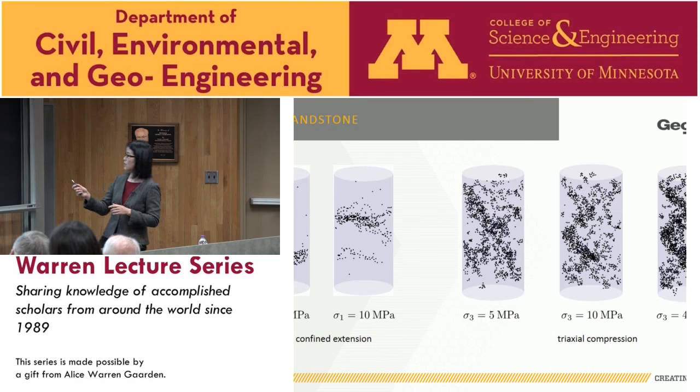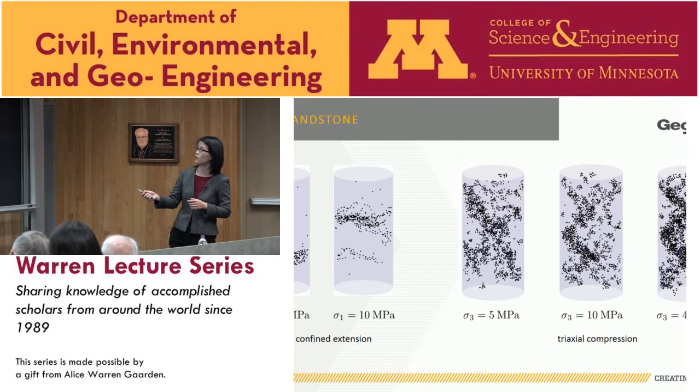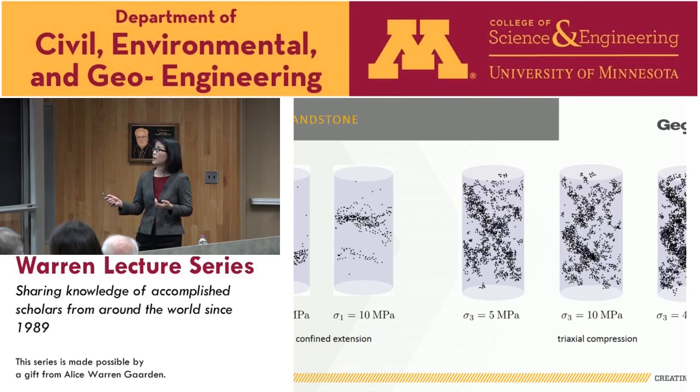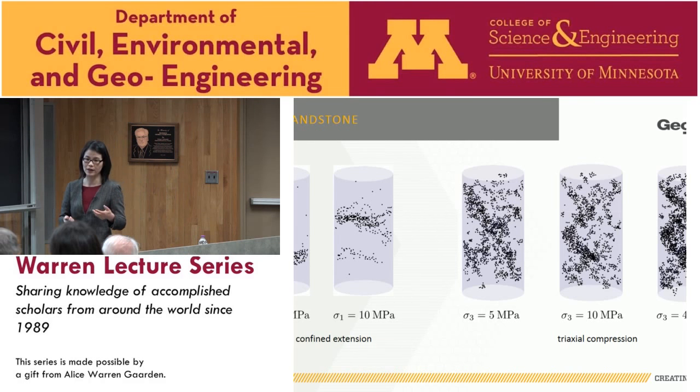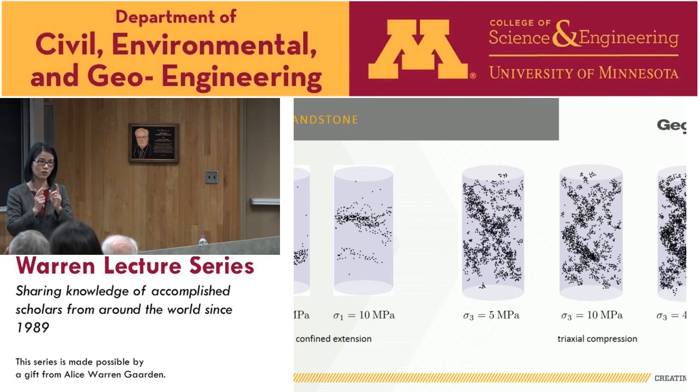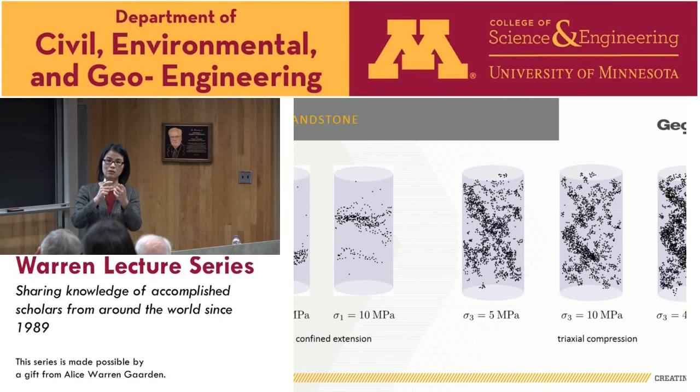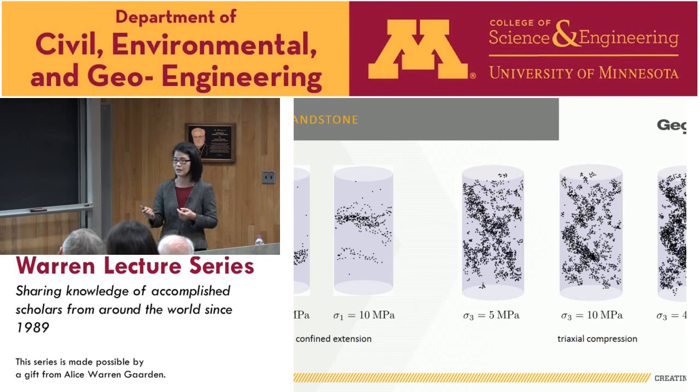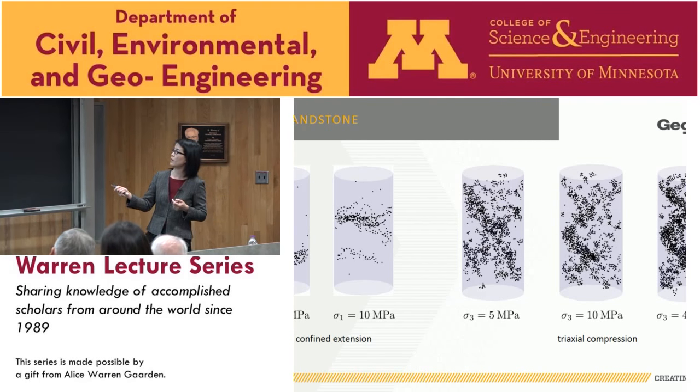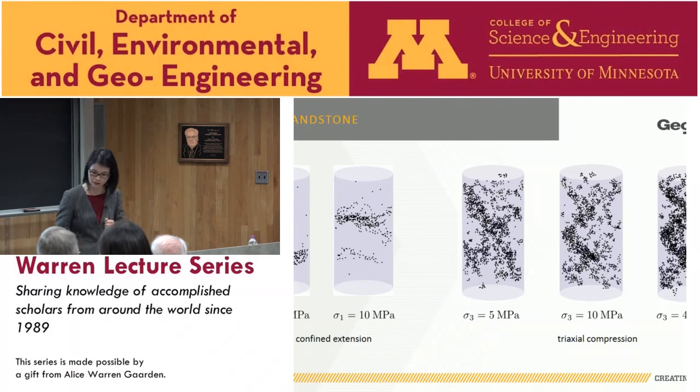Of course, these are internal structures, so in the lab you cannot observe anything like this. But most of the time when you fail a sample in a compression test, you have a conical structure, which would be consistent with the type of failure I plotted here.